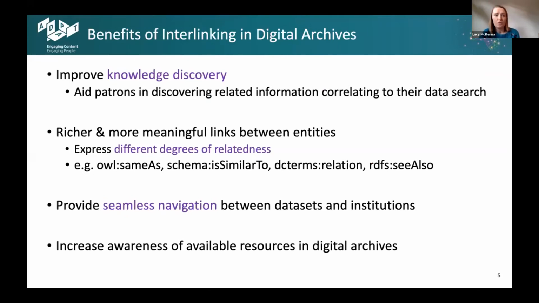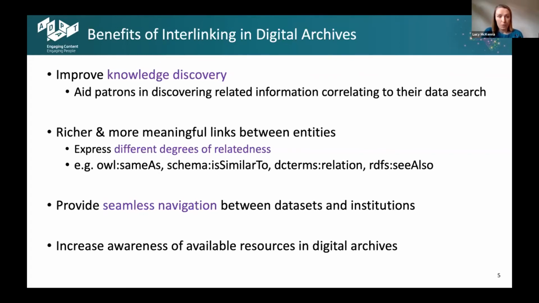So you can aid your data users in discovering related information correlating to their data search. So in the context of digital archives, you could be pointing to digital archives that hold information that are of interest to them, or if you're working in the digital archive, pointing to other data sets within the archive, or again, pointing out to other data sets that might be of interest to your users.